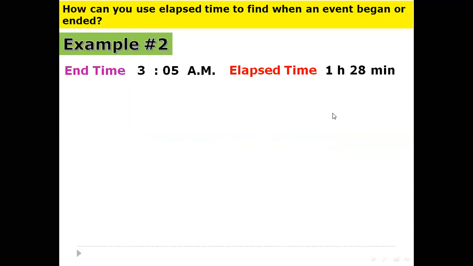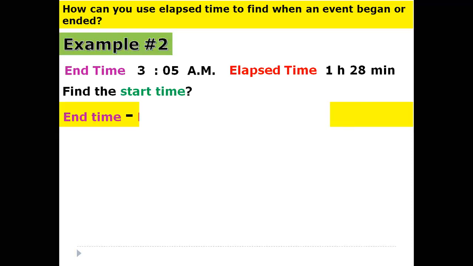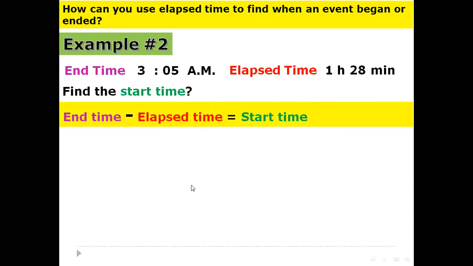So there was an event that started at a specific time, lasted for 1 hour 28 minutes, and finished at 3:05 a.m. They want you to find the starting time. How much was it before? It means you're going to subtract the elapsed time from the ending time, so you will get the starting time.